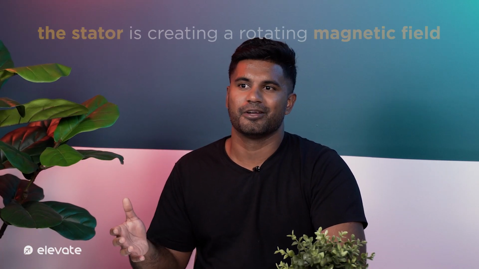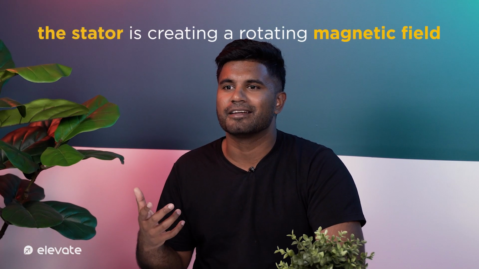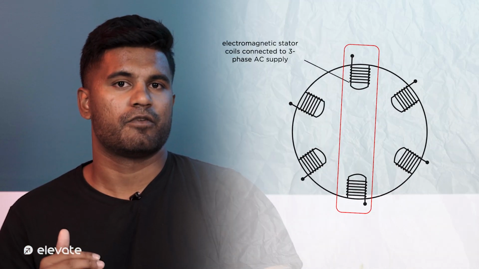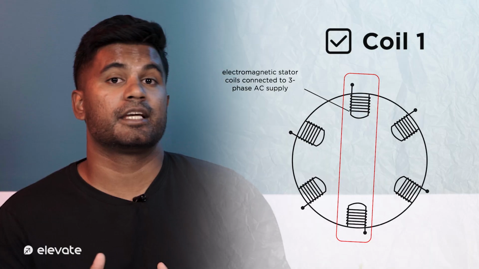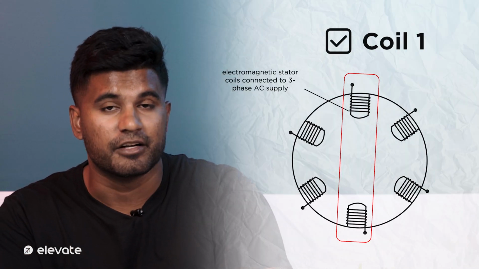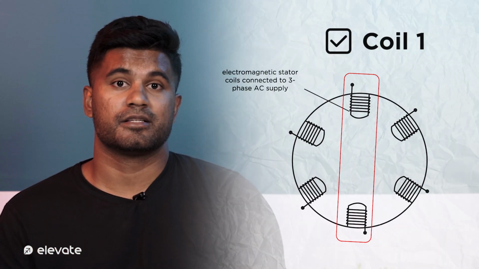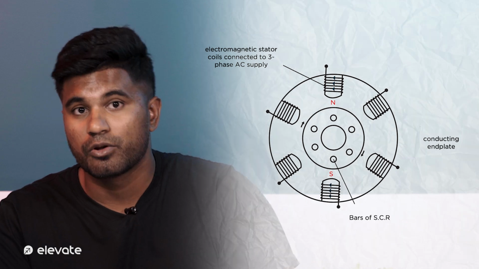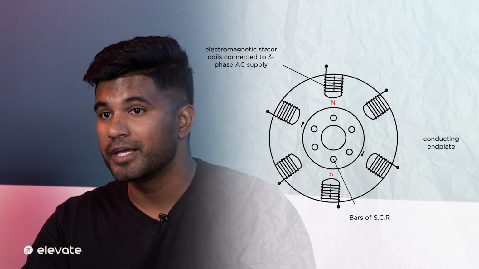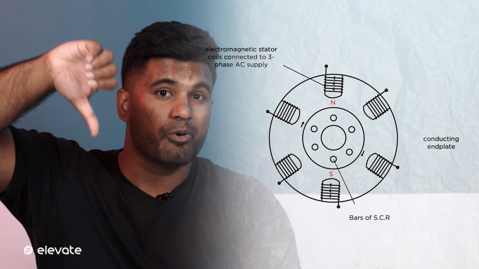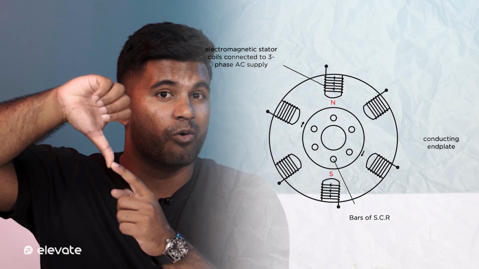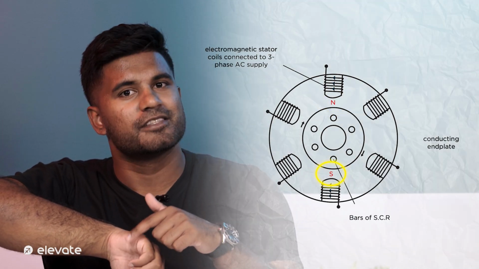The stator, i.e. the stationary part of the motor, is creating a rotating magnetic field. To understand this, consider that the vertical pair of coils are named coil 1 and are connected to phase 1 of the AC current. And to make this even easier to understand, we're going to use our right-hand solenoid rule. And we'll say that at the peak of phase 1's current, the top coil has a relative north pole and the bottom coil has a relative south pole.